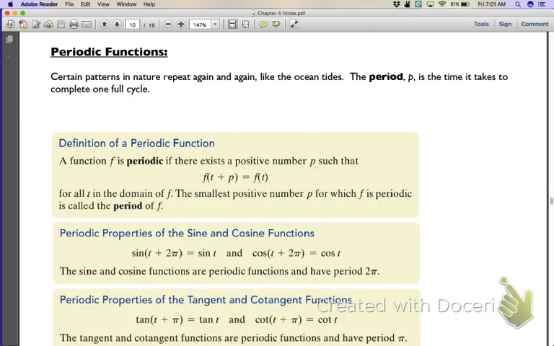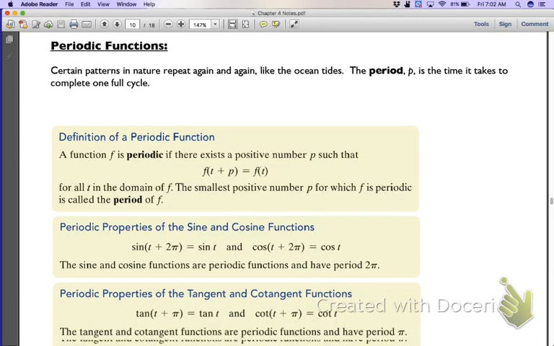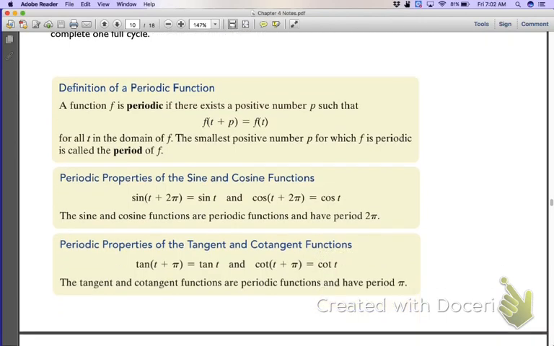Periodic functions really are things that we've already talked about. If you go past 2 pi, remember, full circle is 2 pi. If you go past that, then you're just going to go right back to where you originally started. Basically, all it says is that everything happens over and over and over again, no matter how many times you go around the circle.